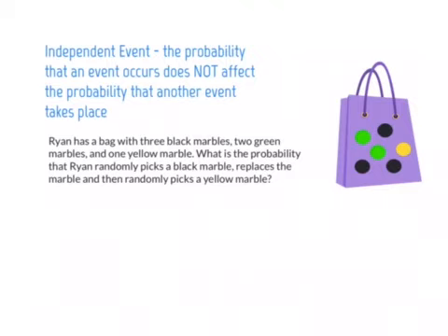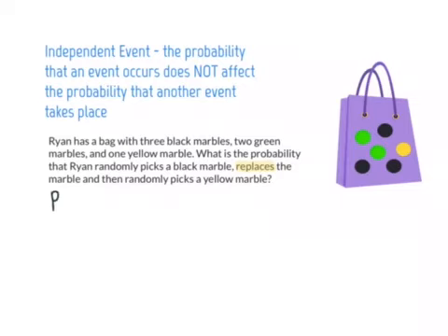When you read it, it says that he's going to replace the marble. That's a key word to show us that we're putting the marble back, so for each event you have the same number of marbles that you're starting with. The definition of independent events says the probability that an event occurs does not affect the probability that another event will take place. We'll see that on this problem.